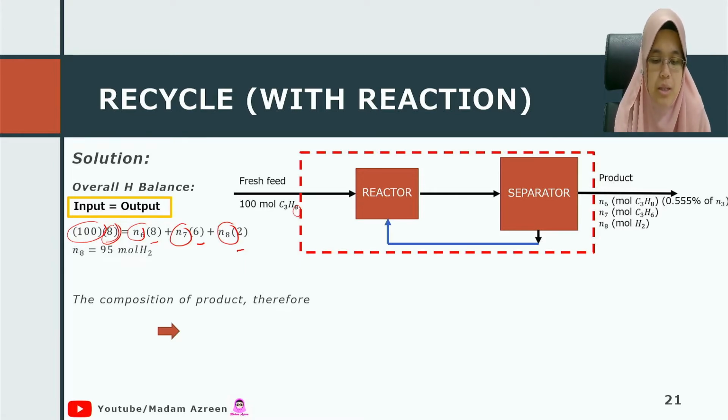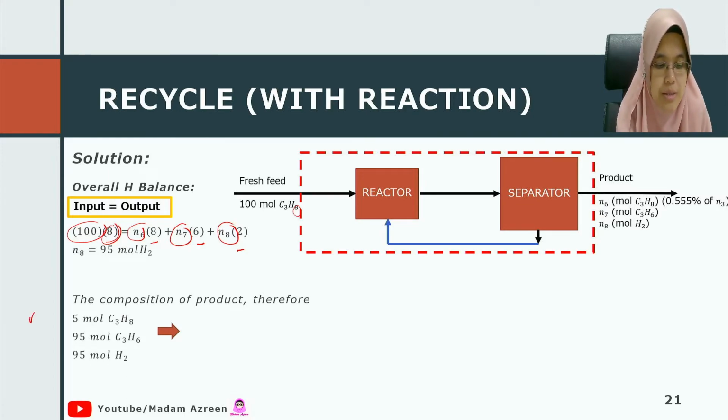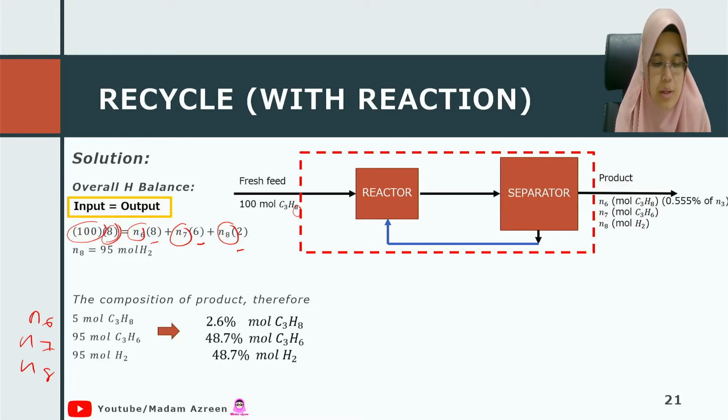Therefore, you can calculate the composition of the product with N6, N7, and N8. You can calculate the composition and you get this number, 5 over 5 plus 95 plus 95. You should get this.